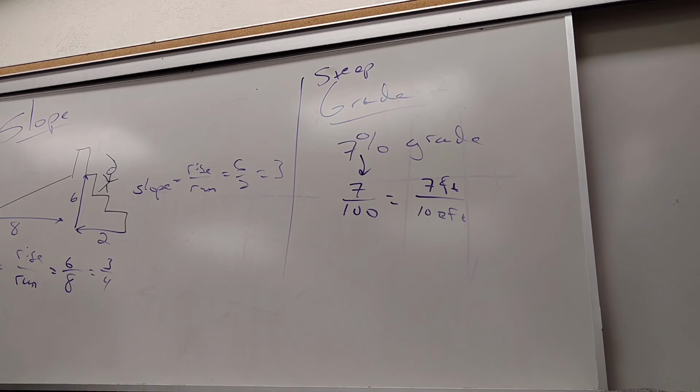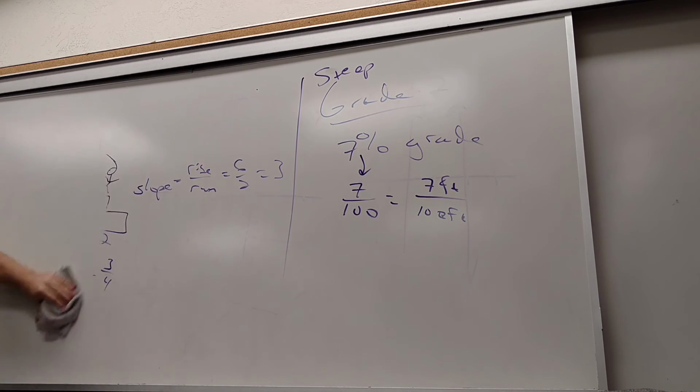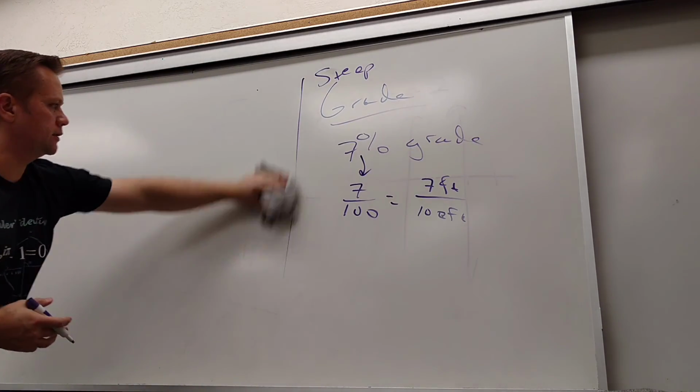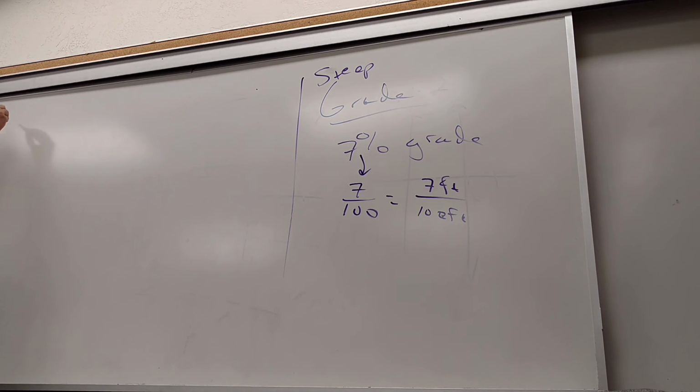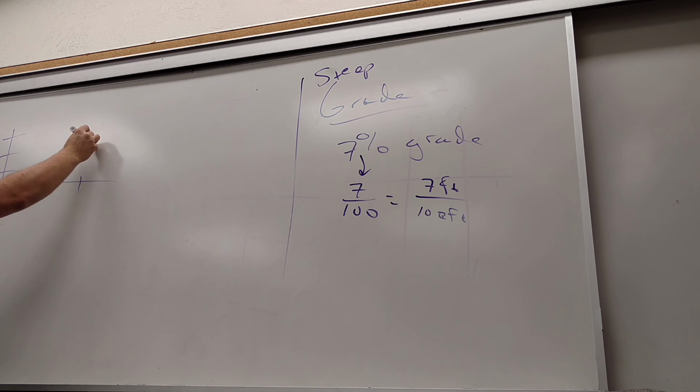Okay. So let's bring this back to math. Now that we got the physical reality, let's show you how it's the same thing with math. So let's say I'm at this point here. And I want to go to this point there.